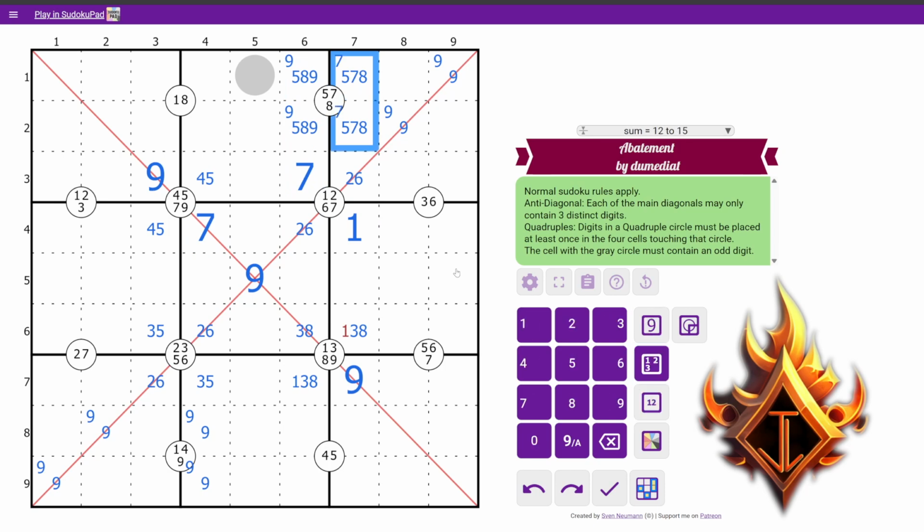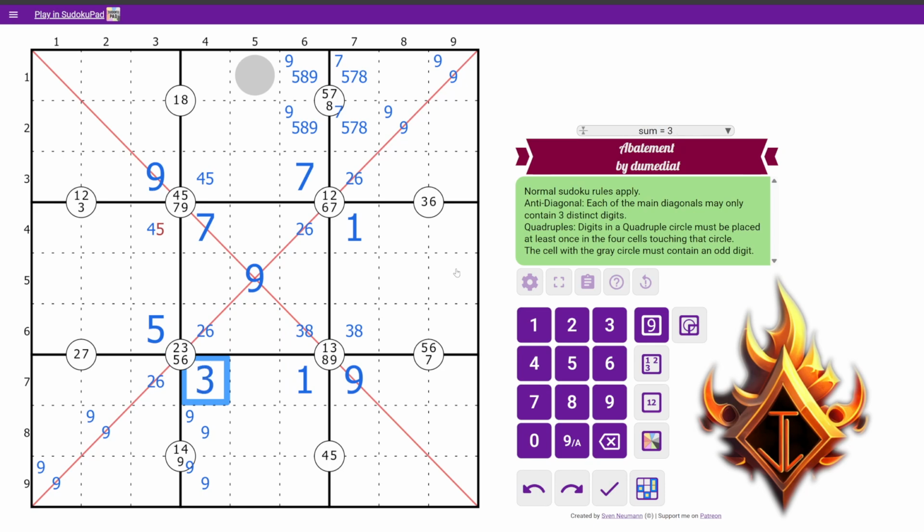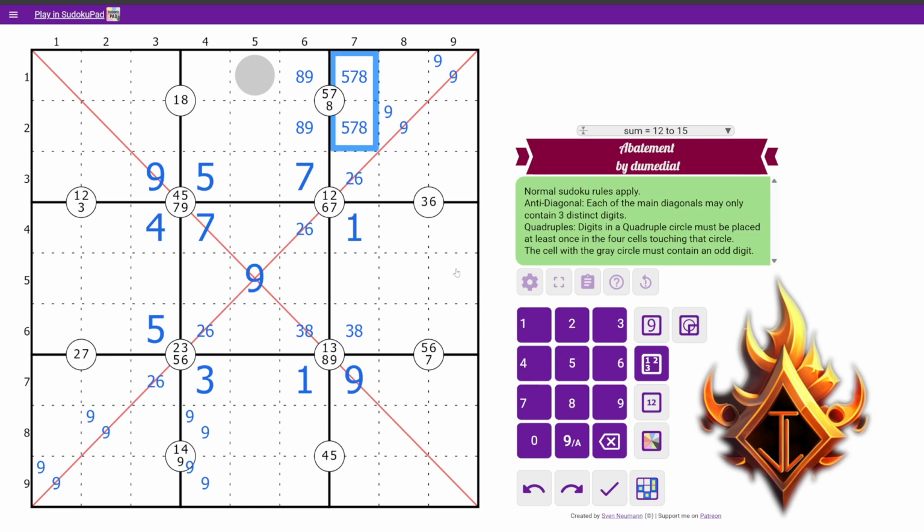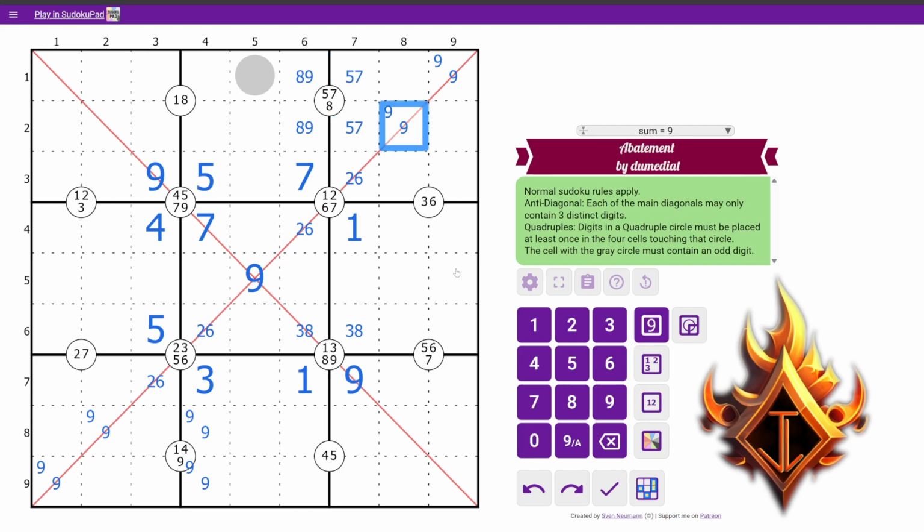The 7 is in this one, with to be decided. This is a 3-8 pair now, which makes that a 1, and it makes this a 5 and that a 3. Makes that a 4 and that a 5. Now we have 8, 9 over here with 5, 7 over there.